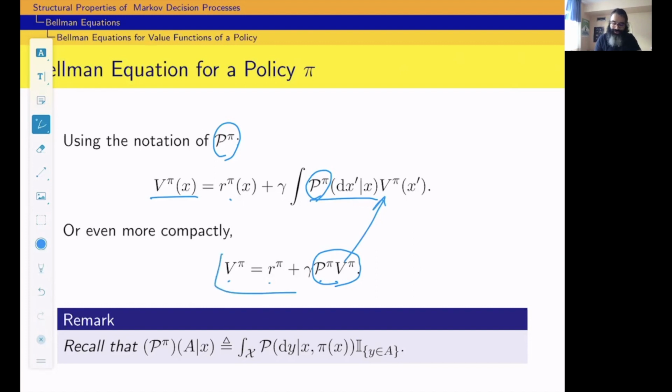So this is a relation between value functions at the current state and the value function at the next states for all states. This is the compact form of the Bellman equation, and we are going to see similar things often because this is easier to write.